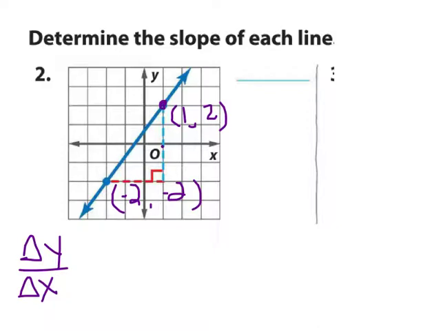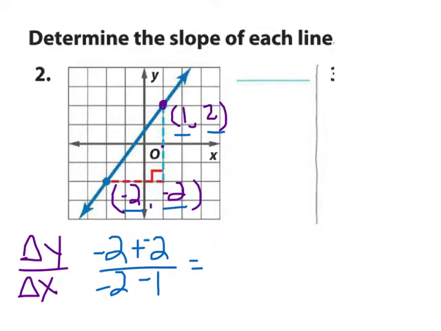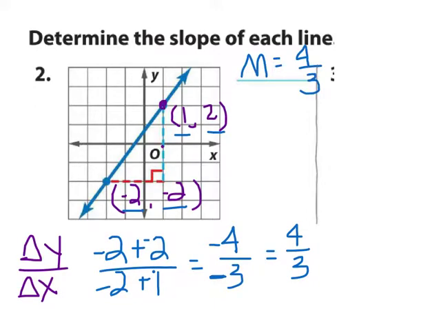So I pick my y's and subtract those: negative 2 minus 2, and then negative 2 minus 1. If I add my 2 marks, negative 2 plus negative 2 is negative 4. Negative 2 plus negative 1 is negative 3. So if I've got a negative over a negative, that's really just a positive, so 4/3. So my slope would be 4/3.